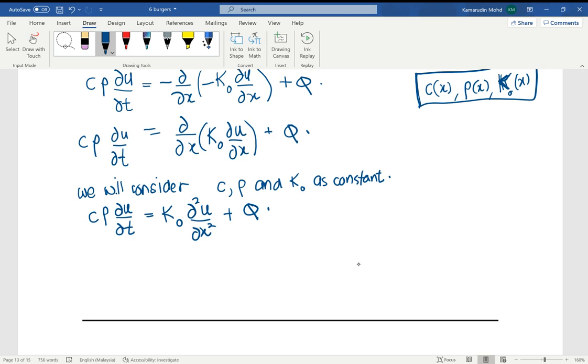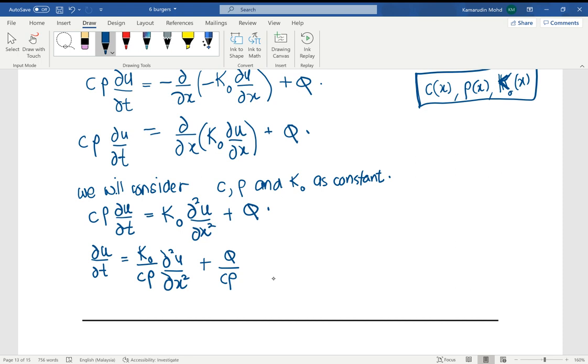If I divide with C rho here, we have the equation del u del t equal to k naught over C rho del square u del x square plus q over C rho.